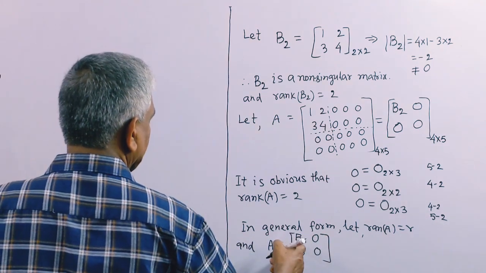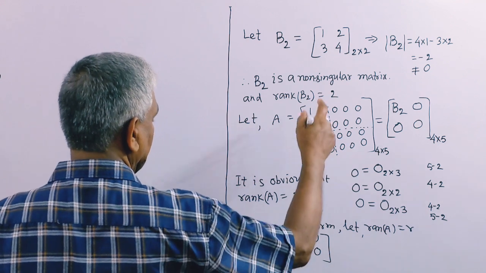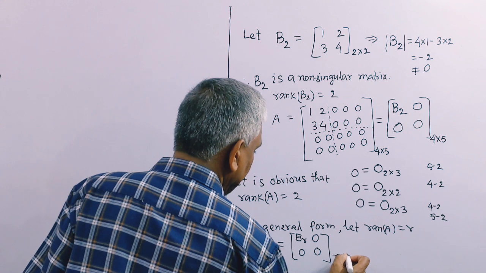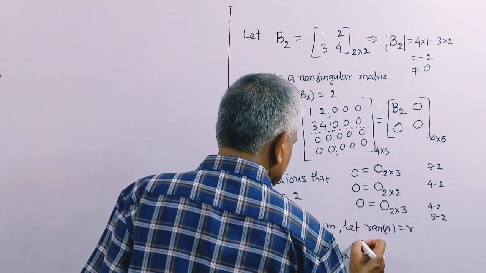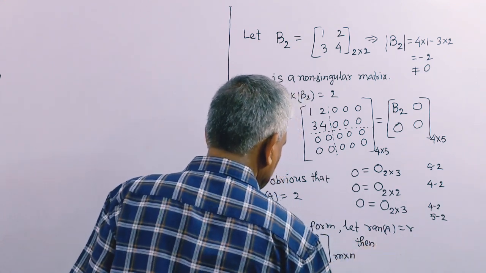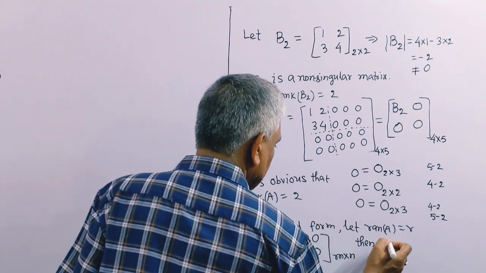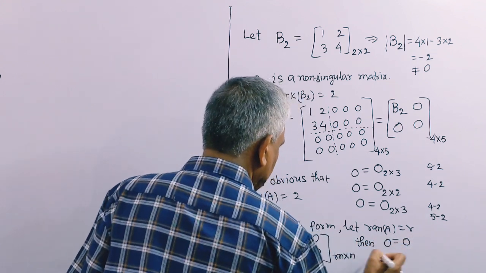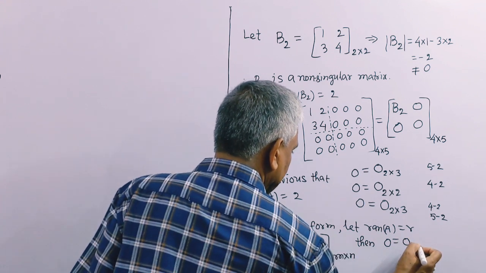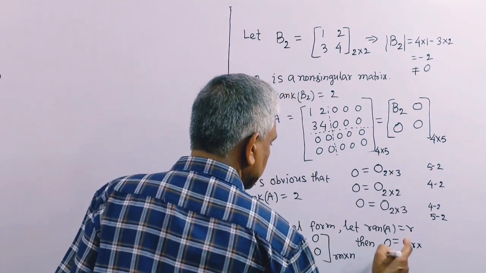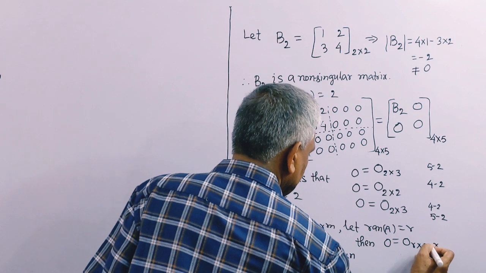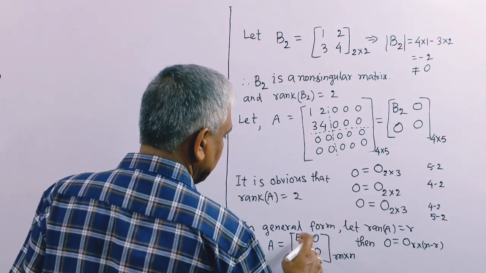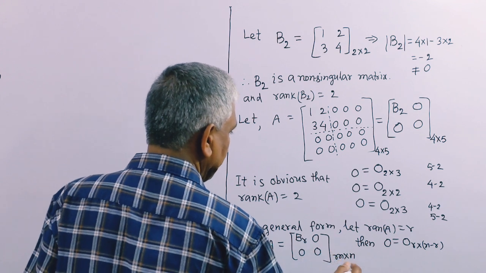Then the rank of BR is r. Let this matrix be of order m by n. Then this zero matrix is of order number of rows r by number of columns n minus r.